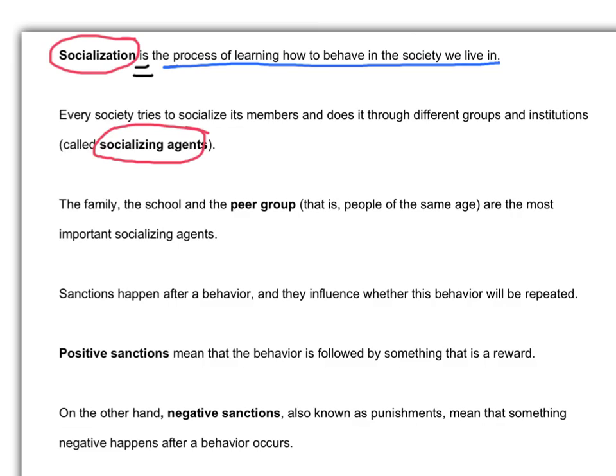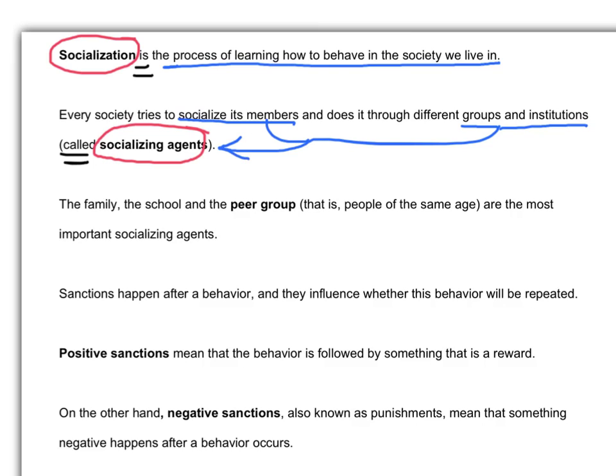The linking word is this word called, and somewhere in here, every society tries to socialize its members, does it through different groups and institutions, somewhere in there is the definition. It's not as easy as the first example, but still we can do it. So groups and institutions that socialize its members, those two things together, that's the definition for socializing agents.